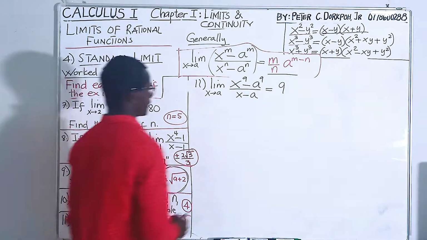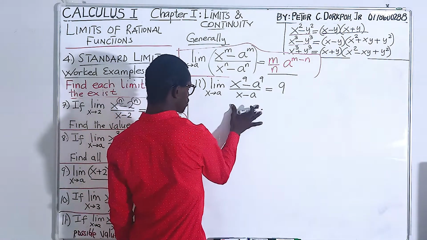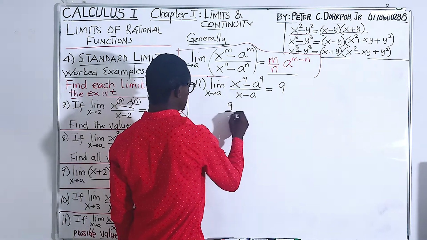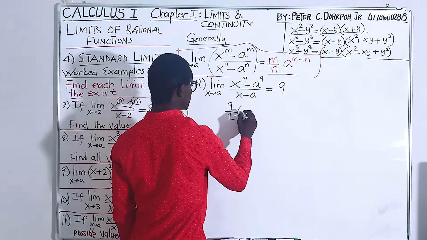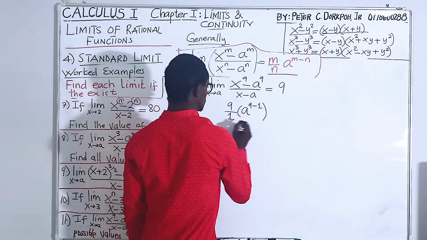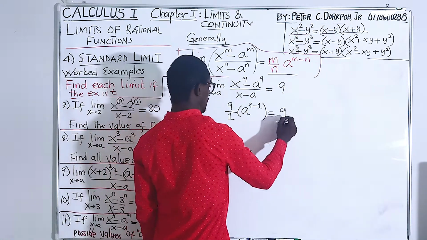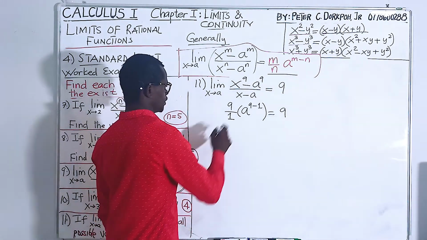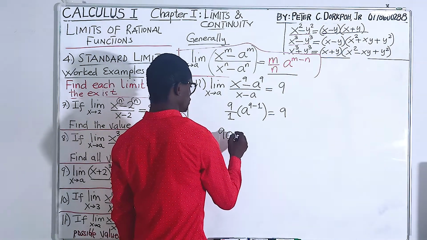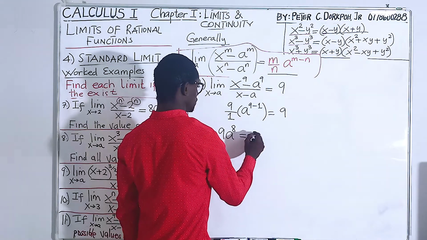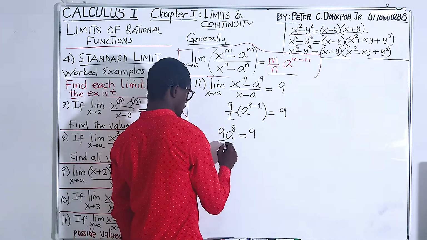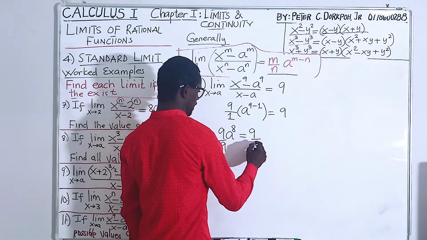So let's find it. Now this portion is in standard form, so we can rewrite it as the power of the numerator divided by the denominator's power times a raised to the power 9 minus 1. So this is just equal to 9. Right? So now we have 9 times a raised to the 8th power is equal to 9. So what do we do? We divide this out by 9 and divide this out by 9.